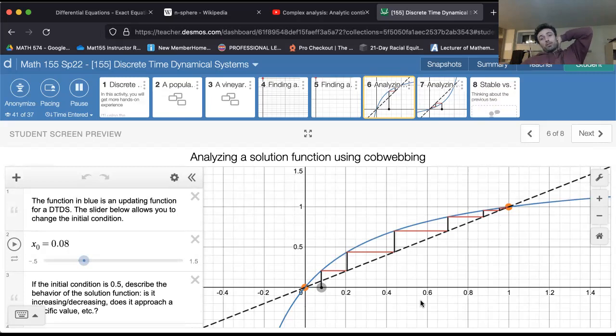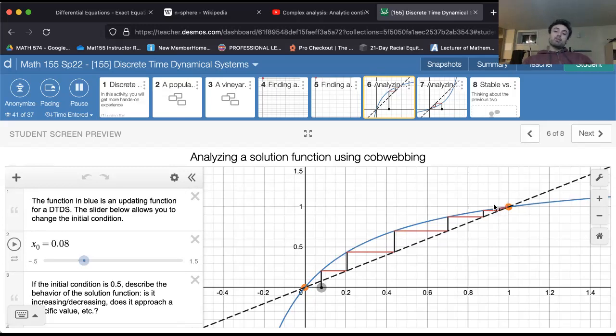The answer has to do with the slope of the intersection point. So if when I intersect, my slope is bigger than 1, which this one's just a little bit bigger than 1, then I'm going to be unstable. I'm going to head away from it. And if my slope is less than 1, and I mean in absolute value, so I got to be between -1 and 1, which this one is, right?